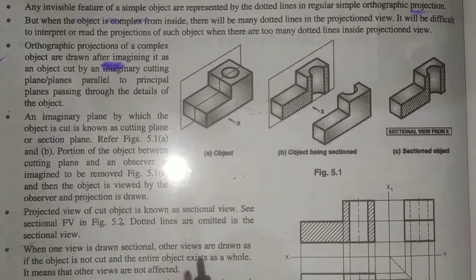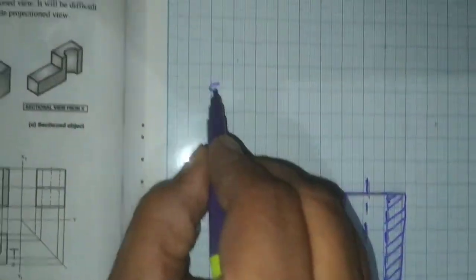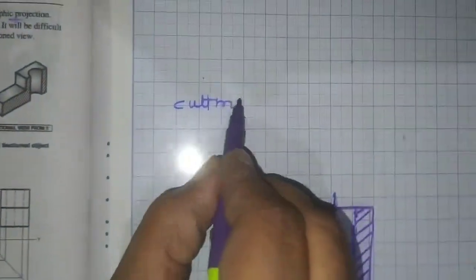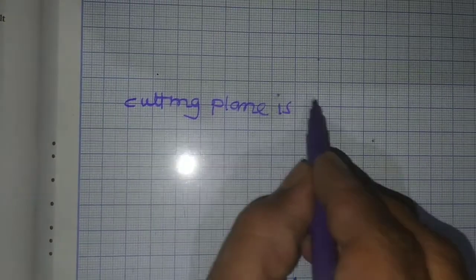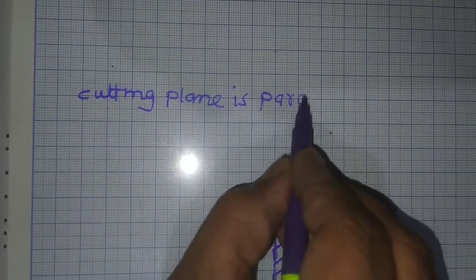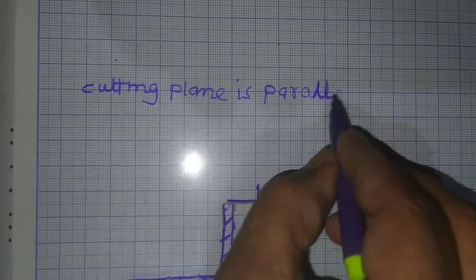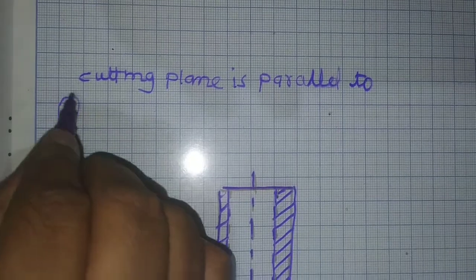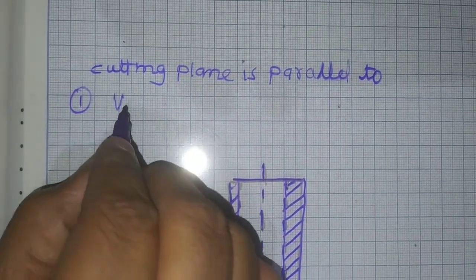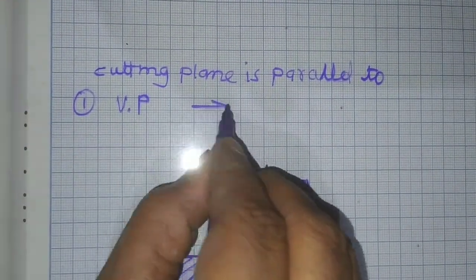Whatever changes are observed in the other views, here the change is observed only if the cutting plane is parallel. Remember this plan. If the cutting plane is parallel to first VP, what will we observe?